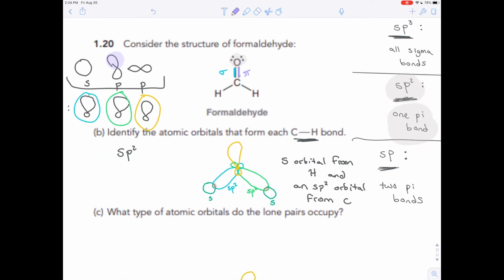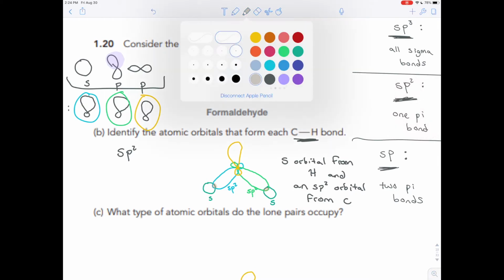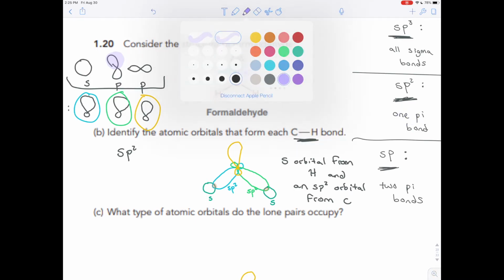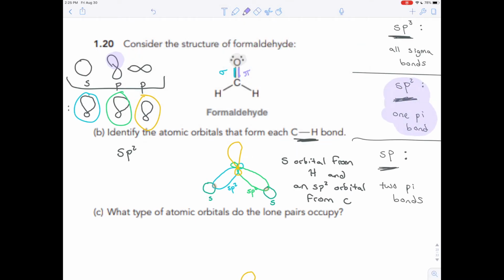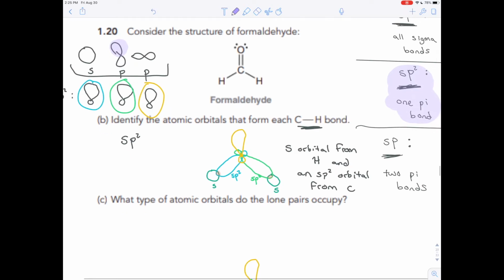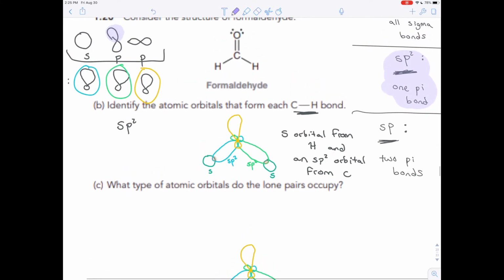So because it has just one pi bond, the hybridization for that oxygen is going to be sp2. Anytime you have just one pi bond, any atom that has just one pi bond is sp2. Because it needs to set one of those three p orbitals aside to form the pi bond, and so it can only mix the other two together with the s orbital. So oxygen would actually look a lot like this carbon here.